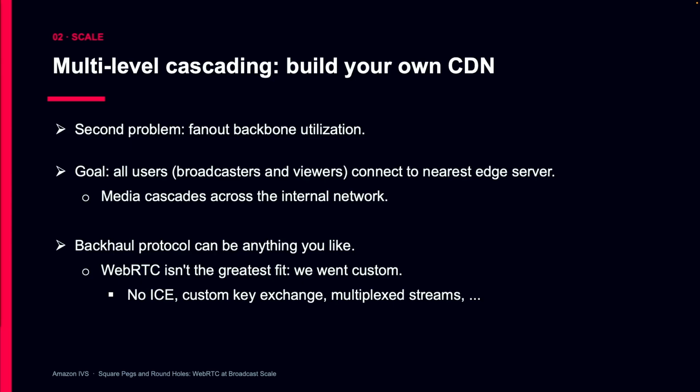Ultimately, what we settled on was a stripped-down version of WebRTC, WebRTC adjacent, we'll call it. So there's no ICE, it does custom key exchanges, it multiplexes connections, and that allows us to have one warm connection between hosts, which carries many different streams. So that setup cost is only paid once.